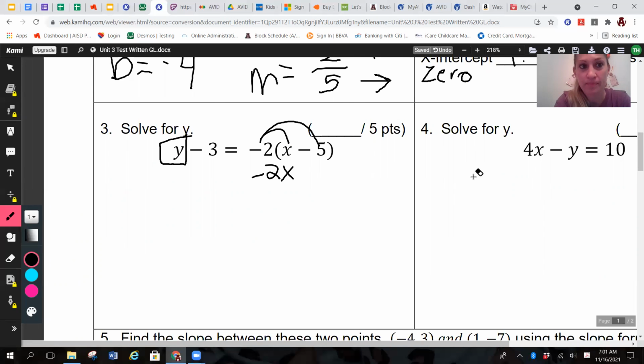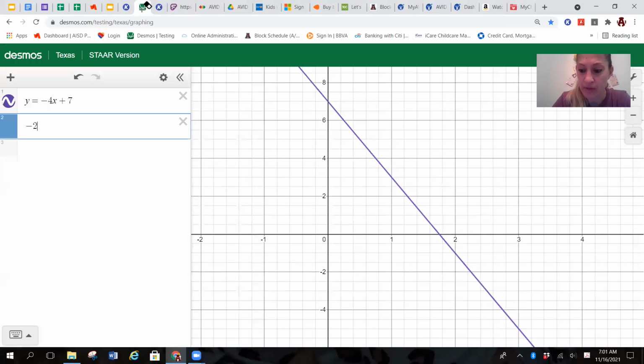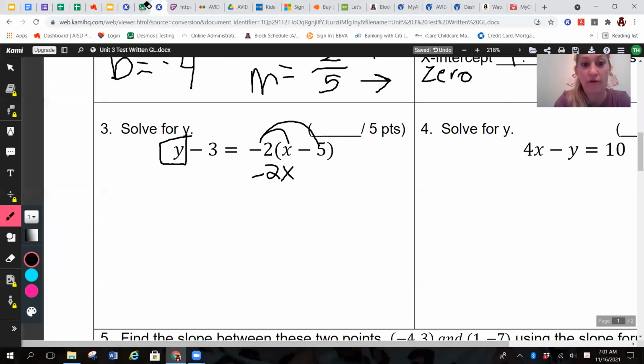But remember, -2 times -5 is not a -10. It's a +10. Of course, if you type it into Desmos wrong, it's going to give you a wrong answer. So you have to remember to type in the 2 signs before the 2 numbers. So this makes a +10.